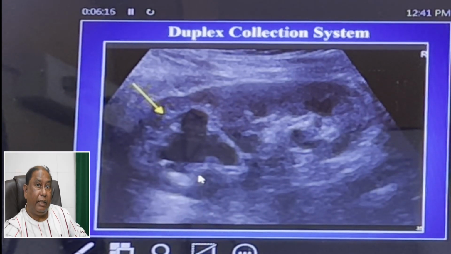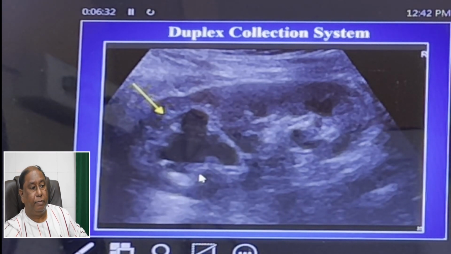The duplex kidney is usually enlarged. A possible way to diagnose complete duplication of the ureter on ultrasound is by observing two ureteric jets on the same side.